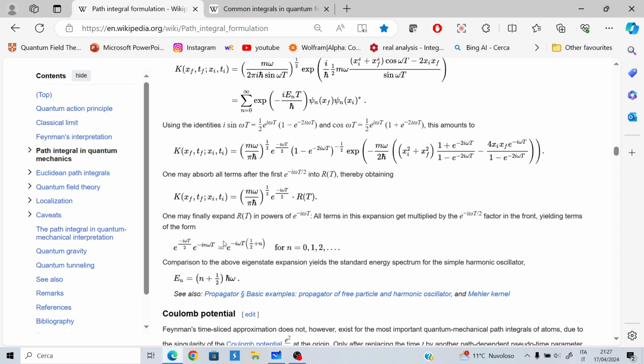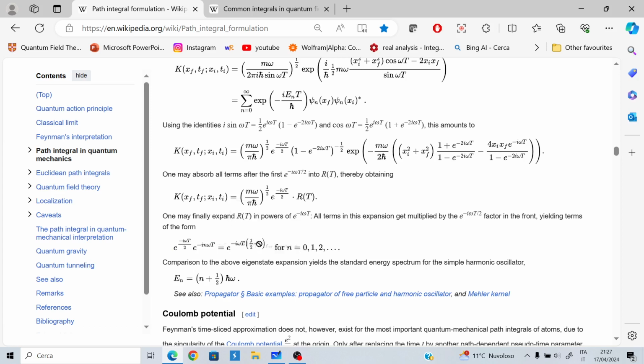And you can see that Wikipedia really considers that. So we have e to the minus i omega t over 2 times e to the minus i, the generic term, n omega t, which you can rewrite like this for n equal to 0, 1, 2, and so on.